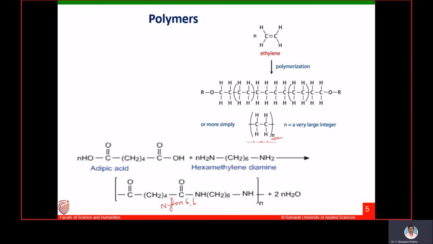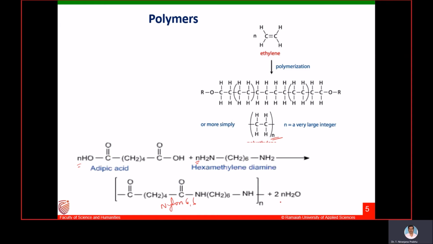Adipic acid and hexamethylene diamine, two different monomers, are reacting, of course n number of adipic acid and n number of hexamethylene diamine taken. The combination of one adipic acid and one hexamethylene diamine together becomes one repeating unit. This repeating unit repeats several times, n times.